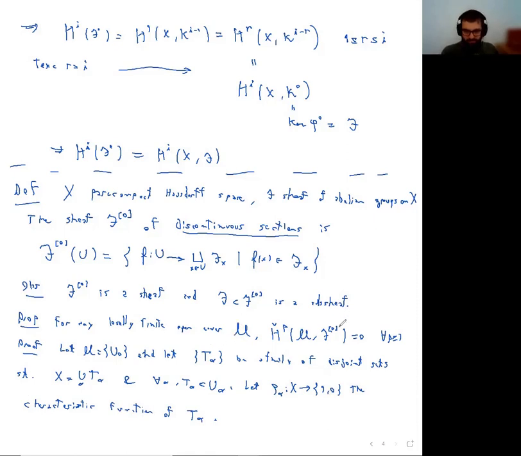Okay, so we need to prove that this sheaf is acyclic, so that this cohomology is 0. So let's just take an element g alpha 0 ... alpha p, and we take this to be a p cochain of our F0. So sorry, a p cocycle. So we also ask, of course, that its delta is 0. Okay, so now we need to find the preimage.